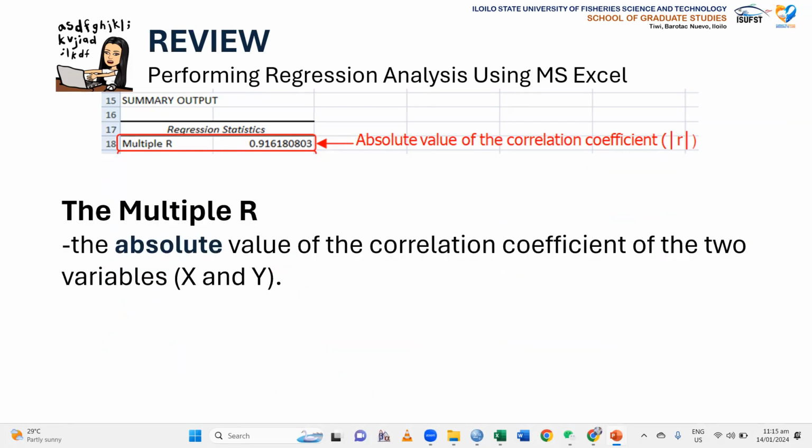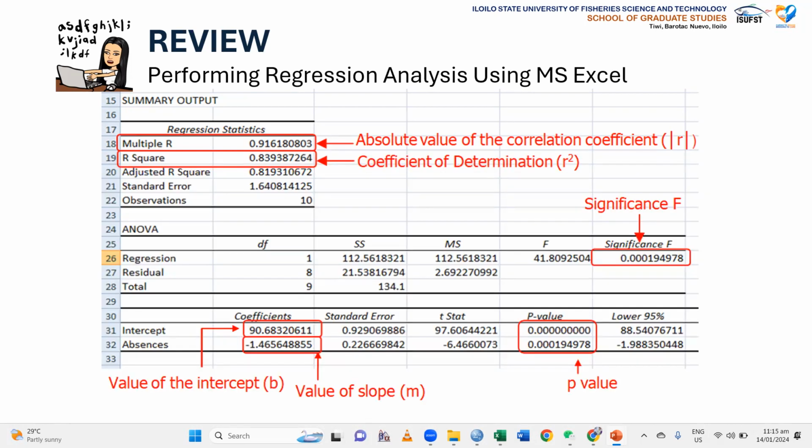So the multiple R is the absolute value of the correlation coefficient of two variables. Be careful, if the slope here is negative, it's understood that the correlation is also negative. There's a negative relationship. But if the value here is positive, your slope, then it's understood that your multiple R is actually positive.